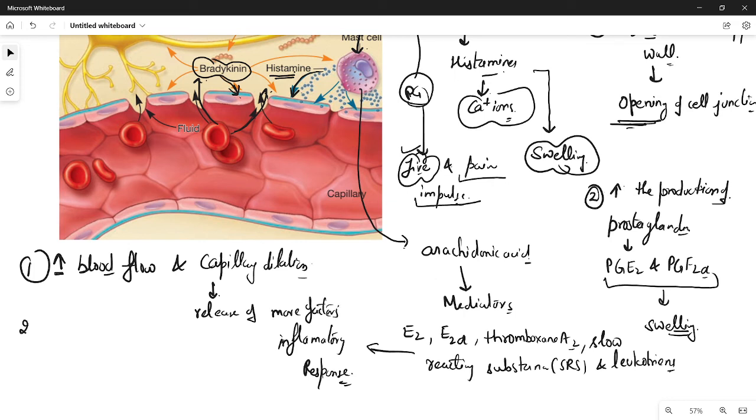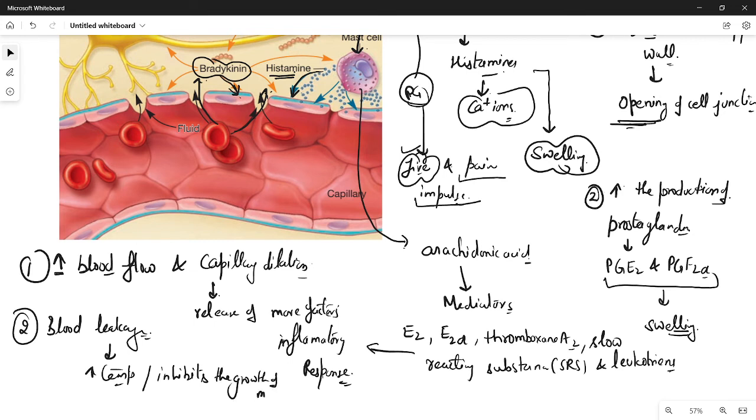Another event which occurs during the inflammation is blood leakage into the tissue spaces, and this leakage enhances the temperature, stimulates the inflammatory response, and also inhibits the growth of microbes.